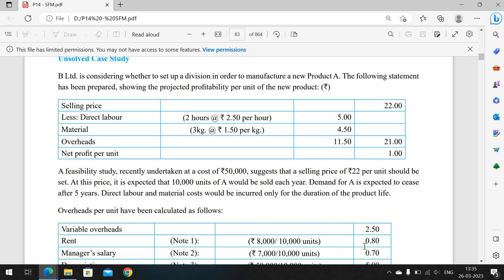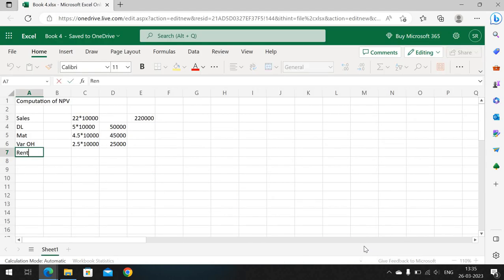Then rent is 8,000. This and all fixed cost, rent. Then manager's salary 7,000 minus 2,000, so 5,000.